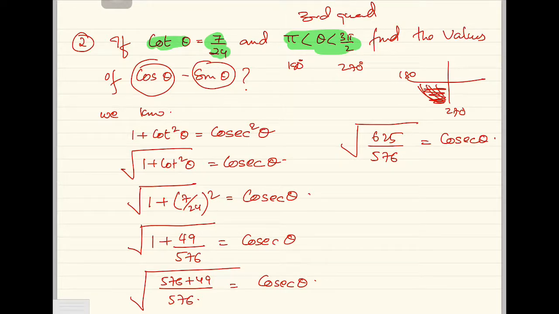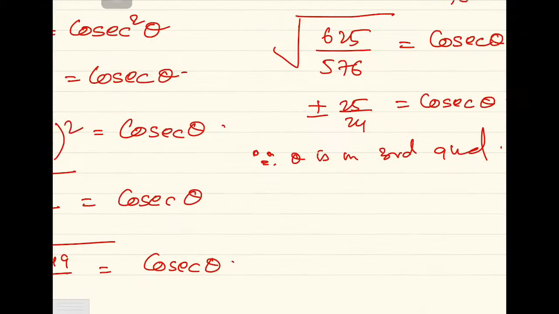So that gives me plus minus 25 by 24 equals cosec theta. Now I know in the third quadrant cosec is negative, isn't it? Since theta is in the third quadrant, I can write cosec theta is negative 25 by 24.